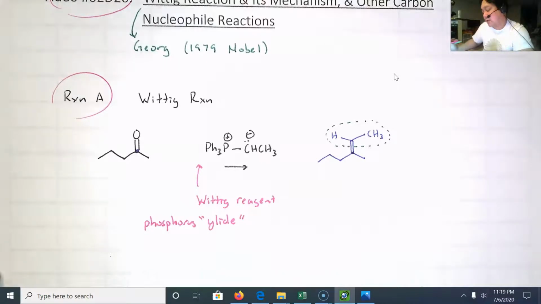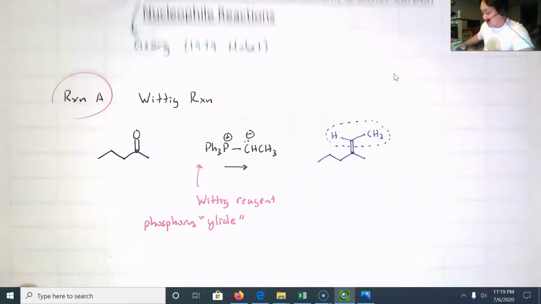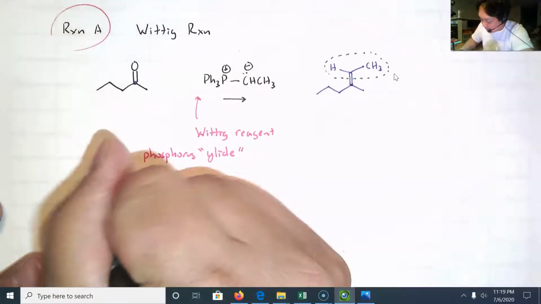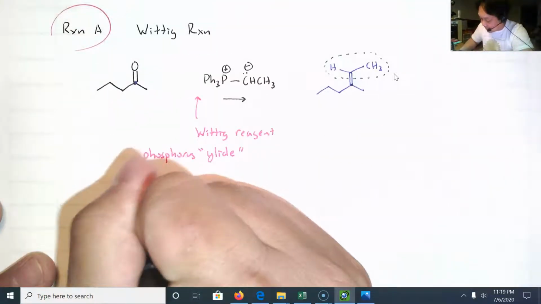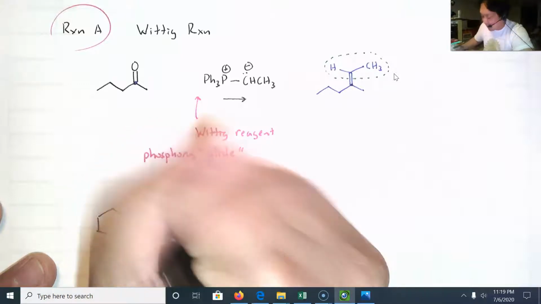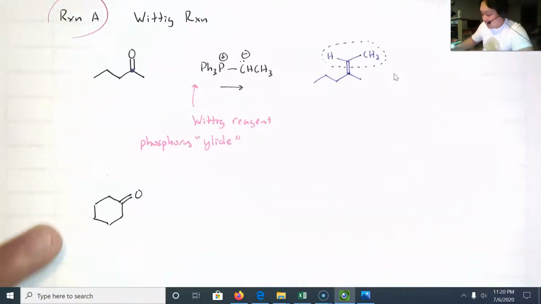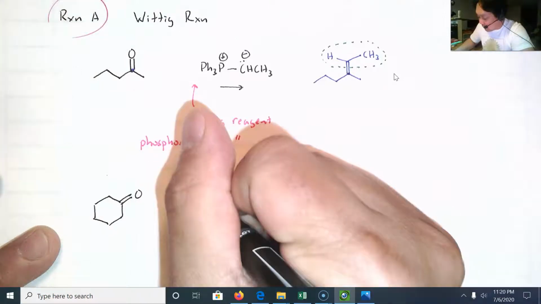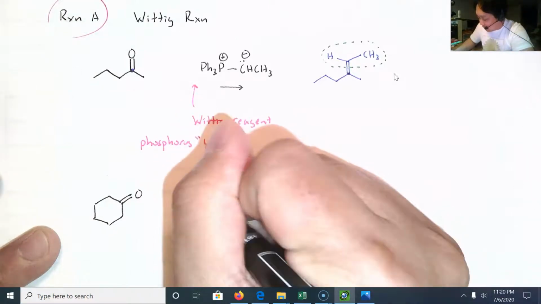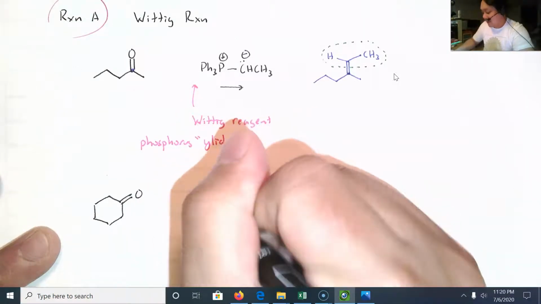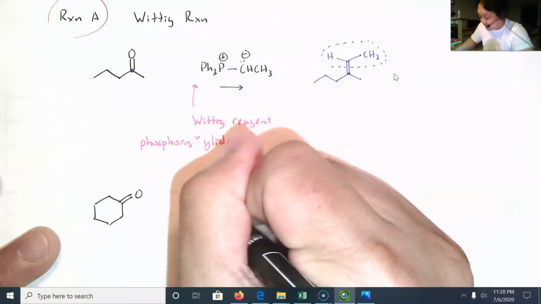What should we do next? Let's do another example actually. Let me give you a ketone. And I'm going to give you another form of the Wittig reagent.